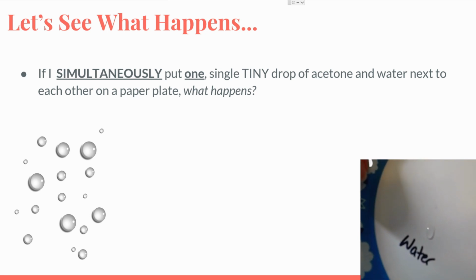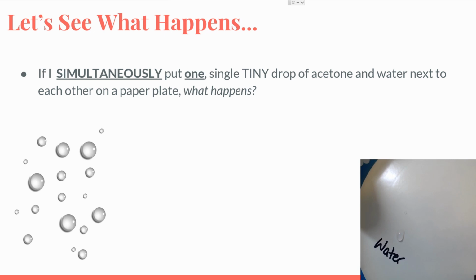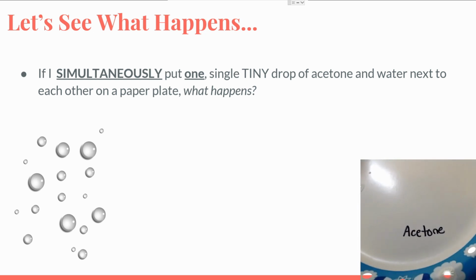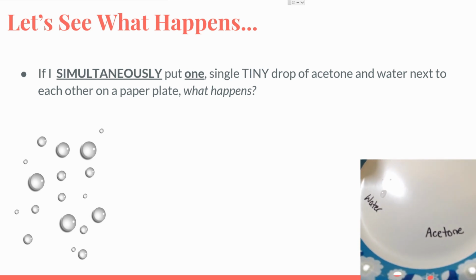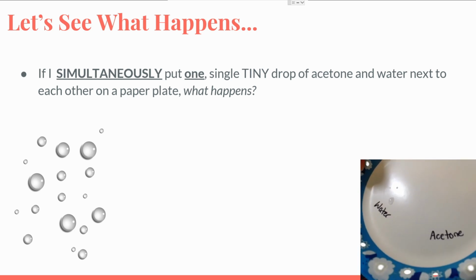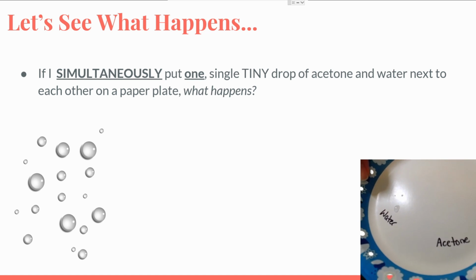And as you can see now, after a short period of time, the water droplet is still holding together as an actual drop on the plate, and it's still there, and the acetone drop is gone completely. Where did it go? Why is it gone, but the water is still there?